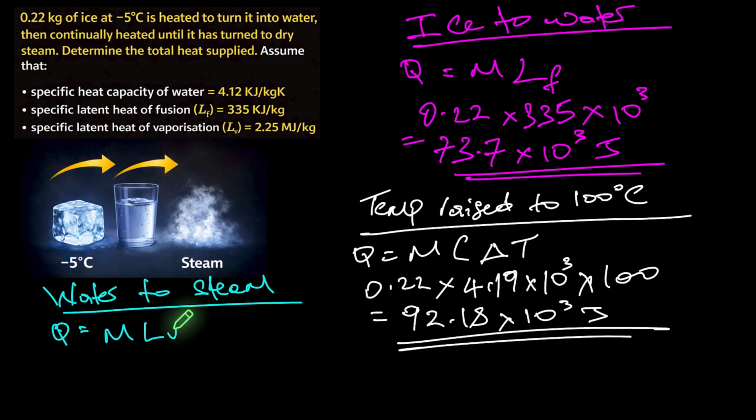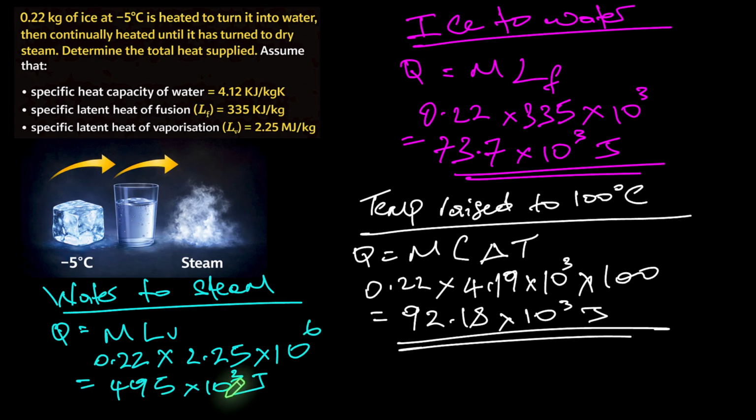So when we multiply out our quantities, we have 0.22 again for our mass. And be careful now with the specific latent heat of vaporization, because all along we have been using times 10 to the power of 3, but this is megajoules now. So this will be 2.25 times 10 to the power of 6 this time. So what this gives us is 495 times 10 to the power of 3 joules.